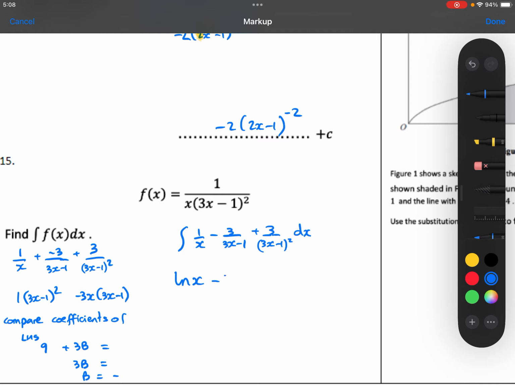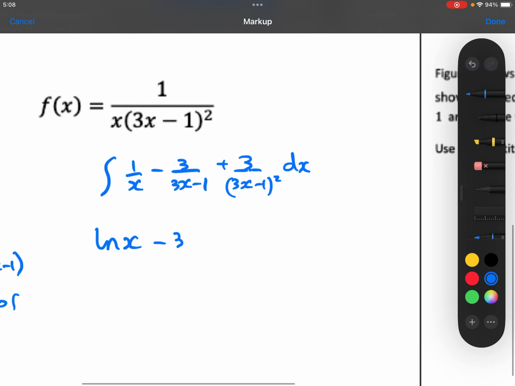Then we've got minus 3 lots of the integral of 1 over 3x minus 1, so ln 3x minus 1. That's because of the reverse chain rule. I need to divide by 3 here. The 3 divided by 3 is just 1.